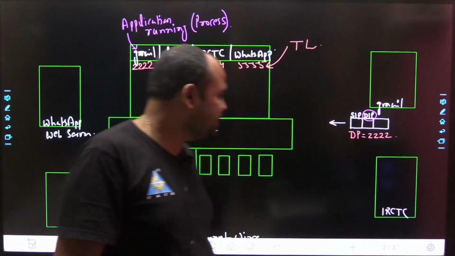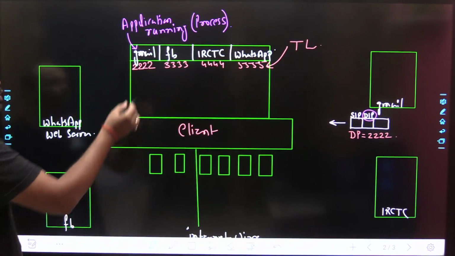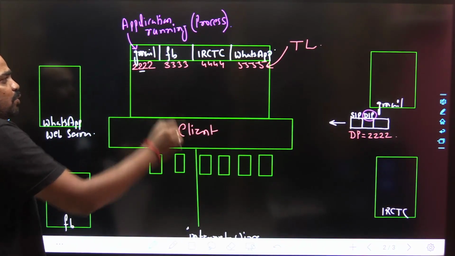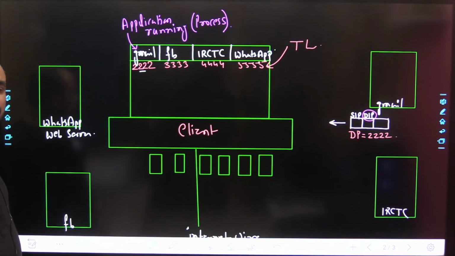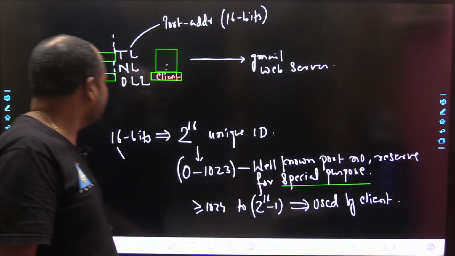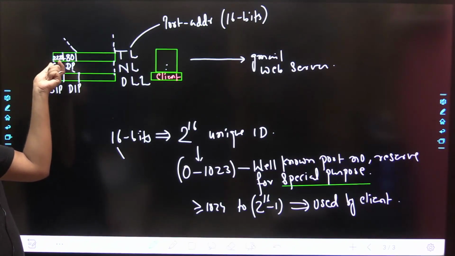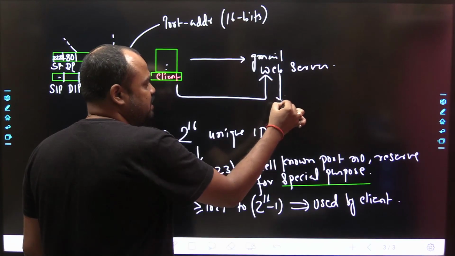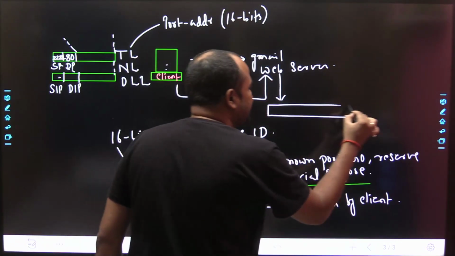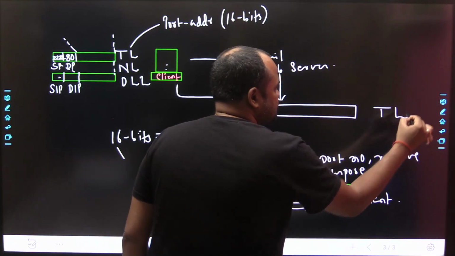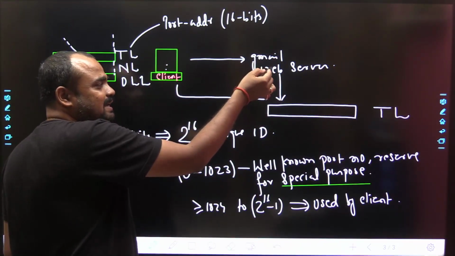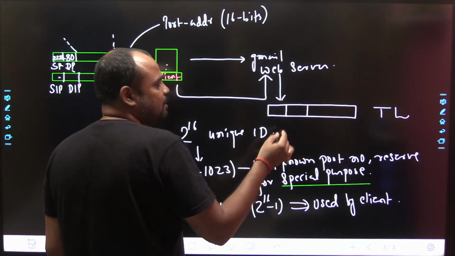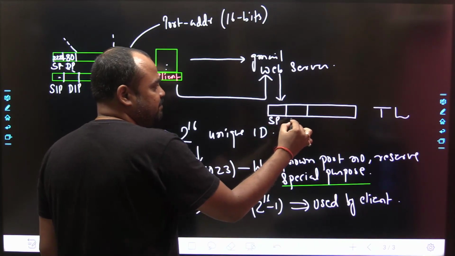The same thing we are implementing over here. Once you open an application process, immediately a unique port number will be assigned to that process. If you assign this particular port number as a source port and the request goes to the web server, then whenever the web server creates a reply packet at the transport layer, it will put the source port and the destination port.